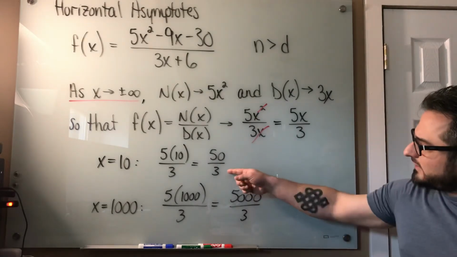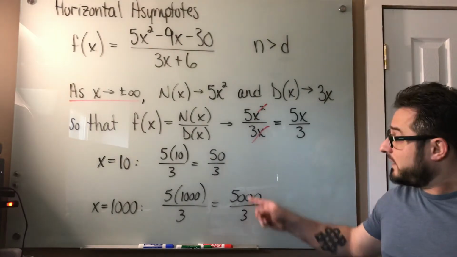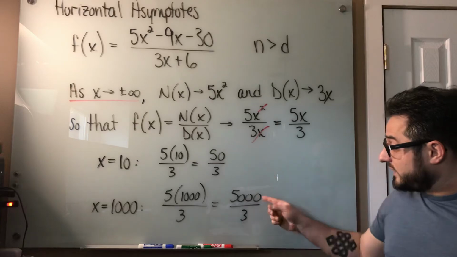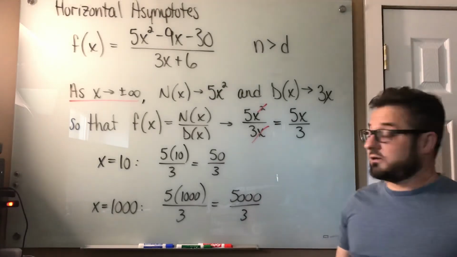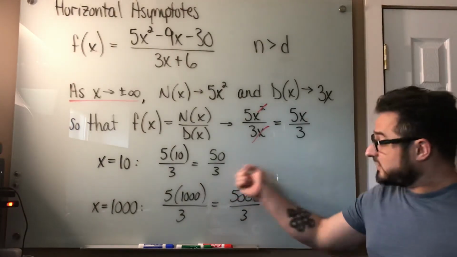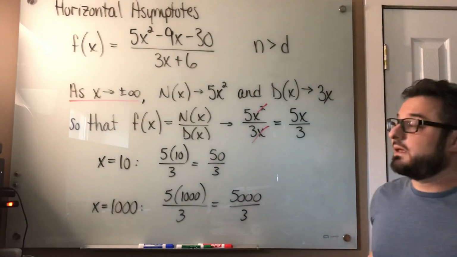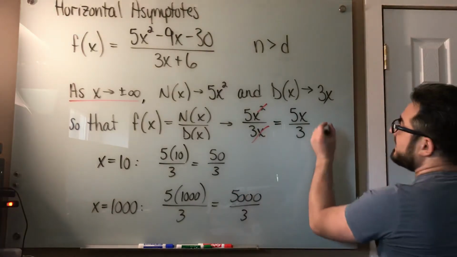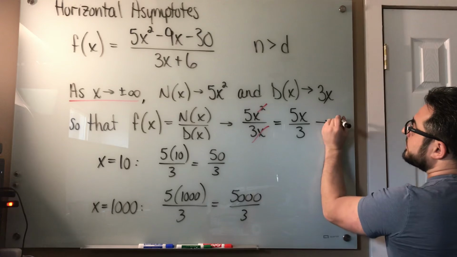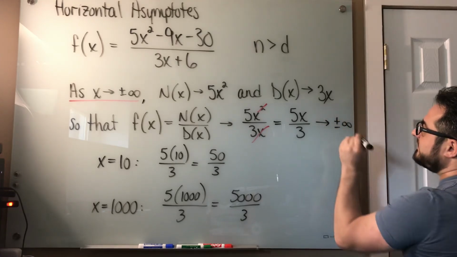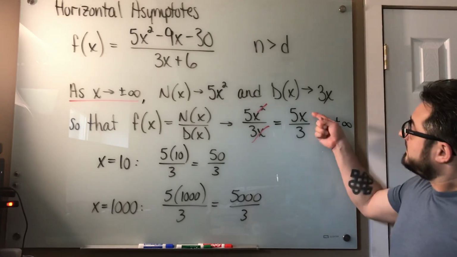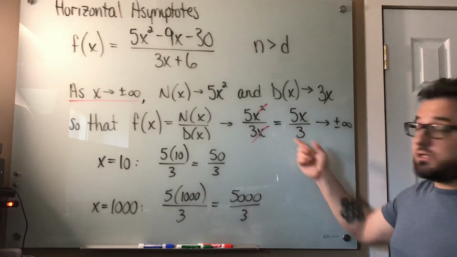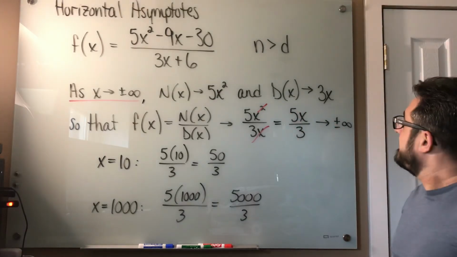So we can see how the denominator remains the same while the numerator is growing very, very much larger, resulting in a larger value of the fraction. The idea is then that this will approach either positive or negative infinity depending on the degree of this term, the lead coefficient test.